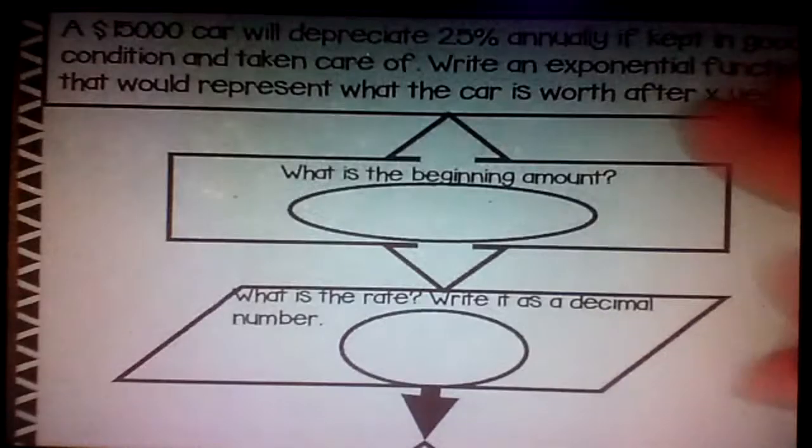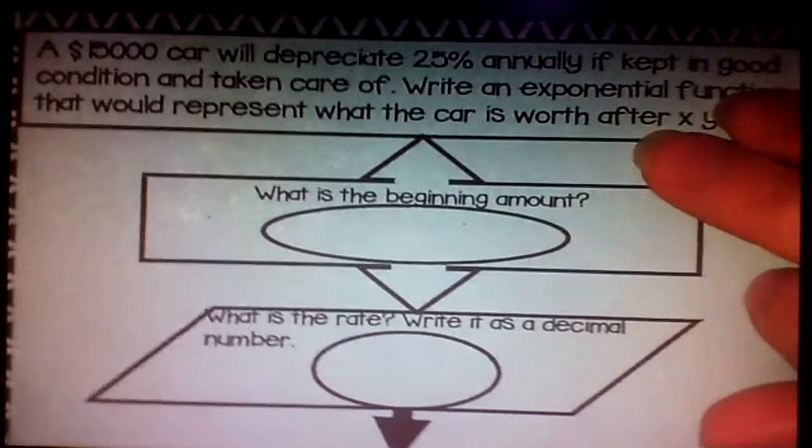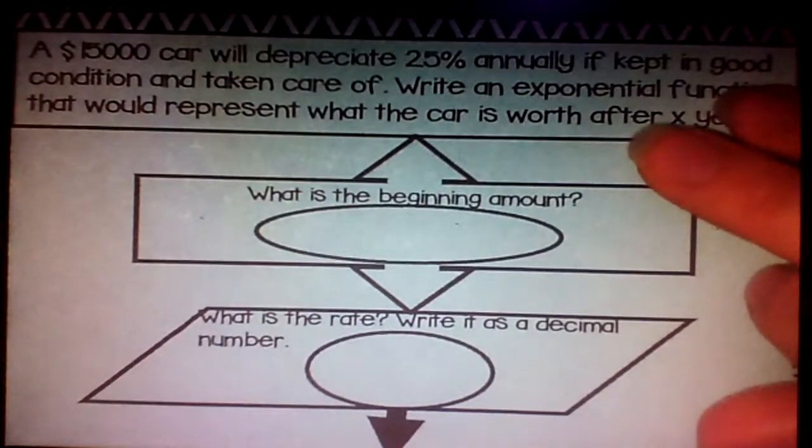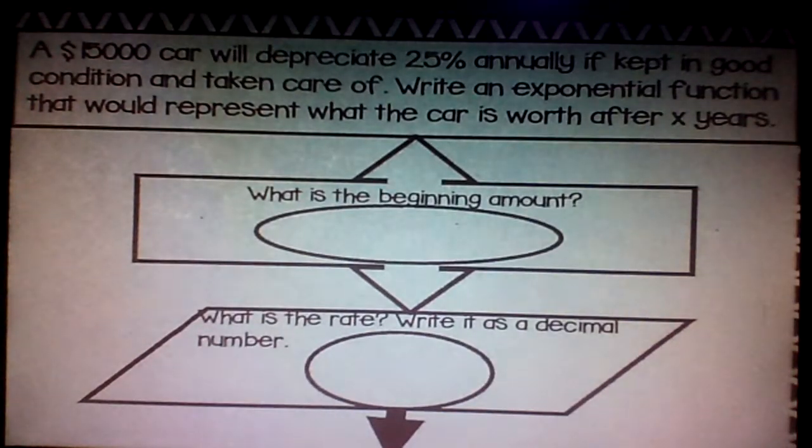Okay. I need you to find this piece that we cut out. Okay, this is a flow chart that will walk you through your word problems. So if you use these questions to do your word problems, this will help.